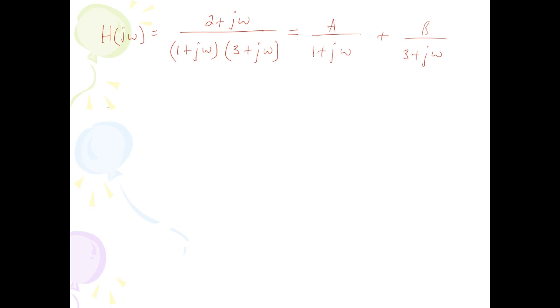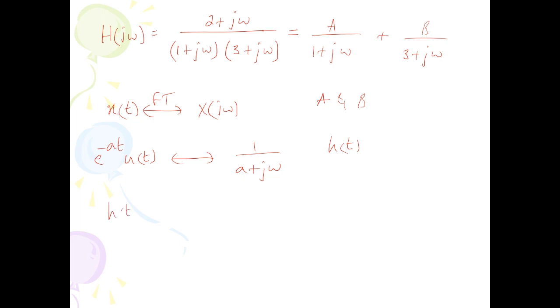We know that if x of t has the Fourier transform X(j omega), then e power minus a t u of t has the Fourier transform 1 by (a plus j omega).